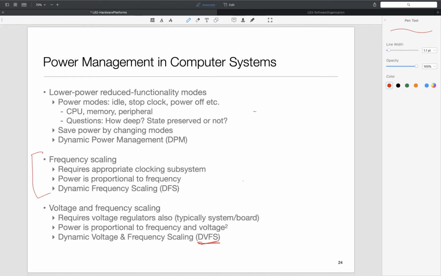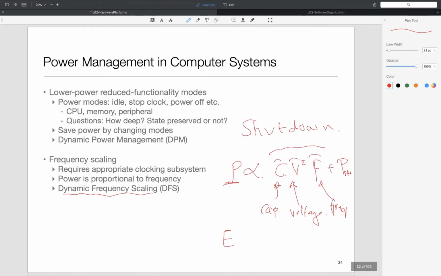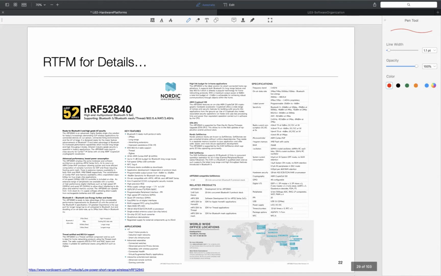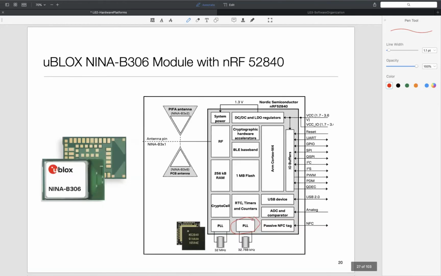Now, changing frequency is easy. In fact, even the chip that we had out here, this one, we already see these PLLs, which stand for phase lock loop, but you can loosely think of them as a way to change frequency very nicely. You can lower the frequency, you can increase the frequency. So PLLs give that ability to you. Voltage requires more effort.